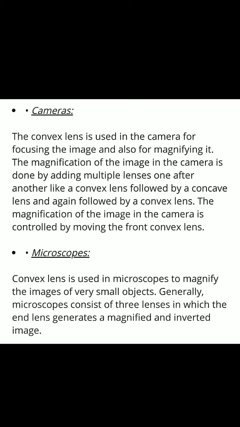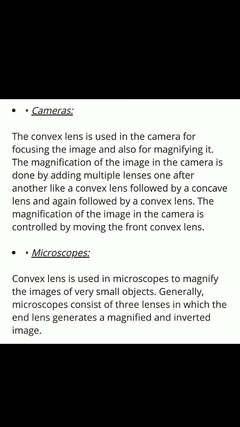Now, use in a microscope. A convex lens is used in a microscope. What is the function of a microscope? We can see an enlarged image of a very small object, those we cannot see with the naked eye, such as bacteria and viruses.